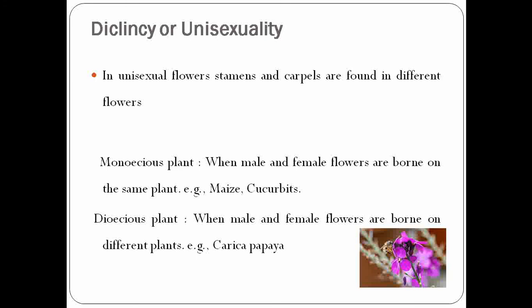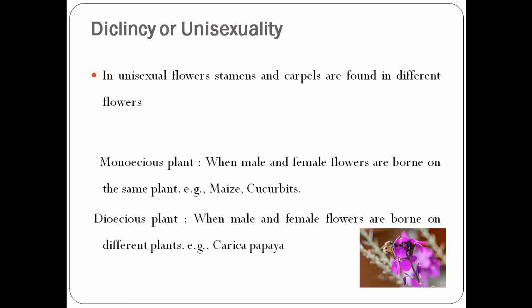And depending upon their sexuality, there are monoecious plants and dioecious plants. In monoecious plants, the male and female flowers are borne on the same plant, like maize or members of family Cucurbitaceae. So here the plants are monoecious.